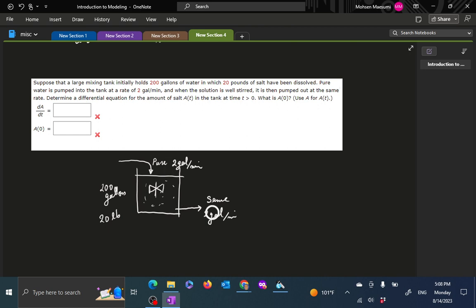If I pump out quickly, say 3 gallons per minute, well, that's essentially draining the tank. So in more advanced problems, these rates could be higher or lower or variable and so on, which makes the problem more interesting. But right now, to keep it simple, 2 gallons per minute is coming in, 2 gallons per minute is leaving. So the level stays steady.